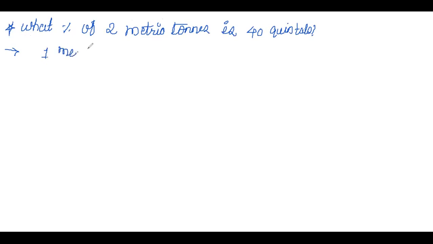So the required percent, what percent of 2 metric tons is 40 quintals, we can calculate as 40 divided by 2 into 10, into 100. What do you get? 200. It is 200%.